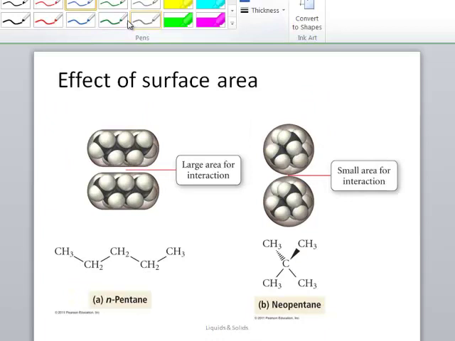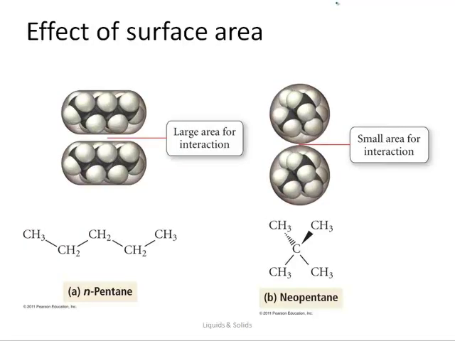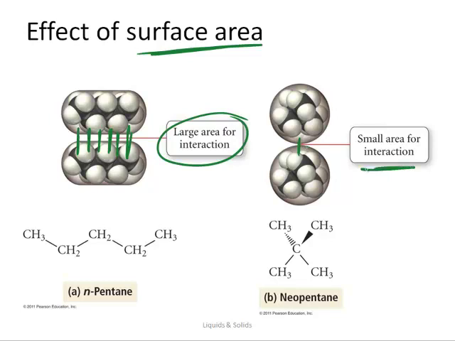And dispersion forces can start to gain traction or build up for a couple of reasons. If the molecule has a large surface area, a large area for interaction, the dipole moments, the partial negative charges, can build up and result in a very strong attractive force. Molecules with small surface areas have little interaction, and their partial negative and partial positive charges don't sum up very well, so they have lower intermolecular forces.